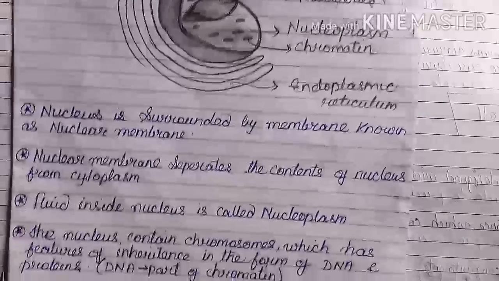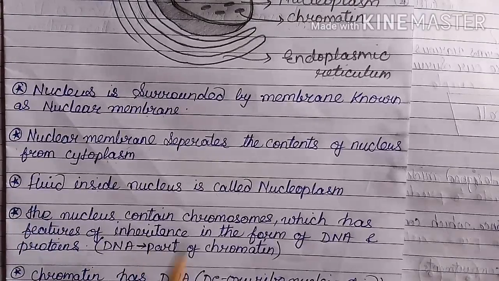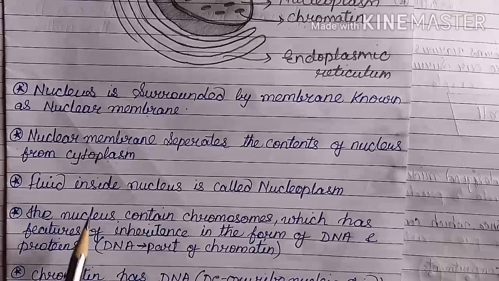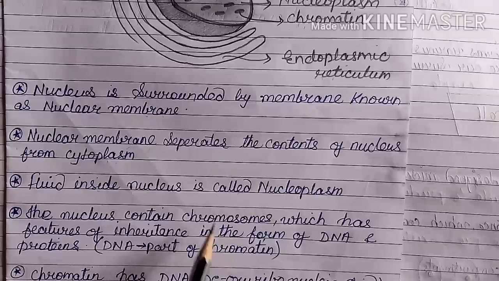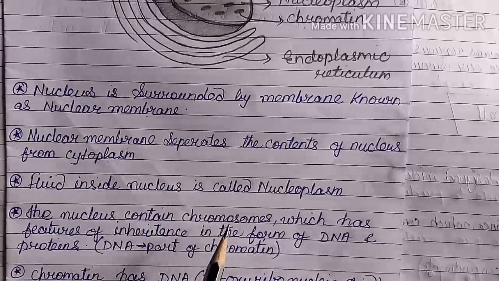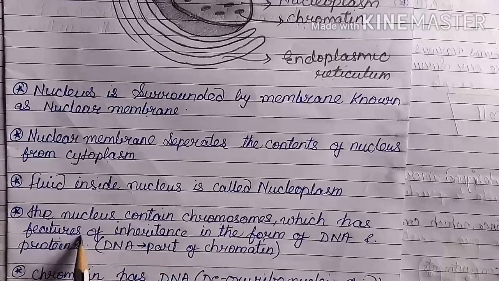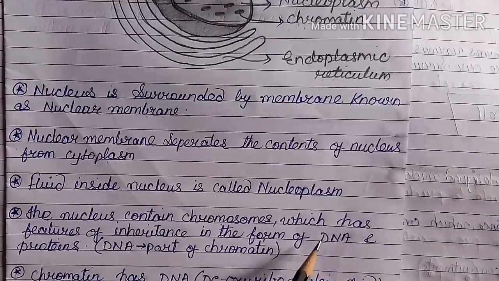Now the fourth point, the nucleus contains chromosomes which have features of inheritance in the form of DNA, which is deoxyribonucleic acid, and proteins.